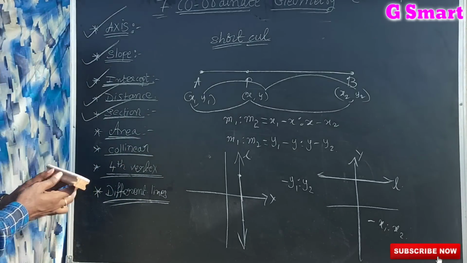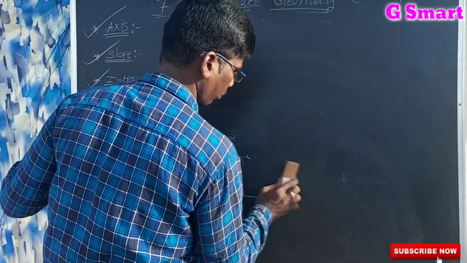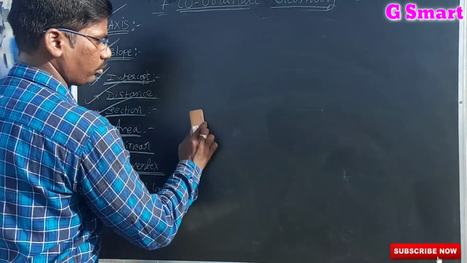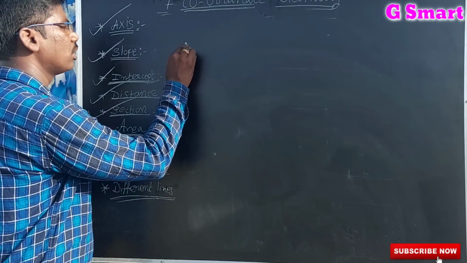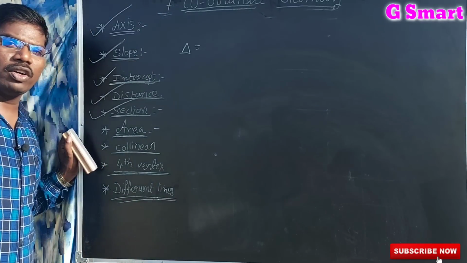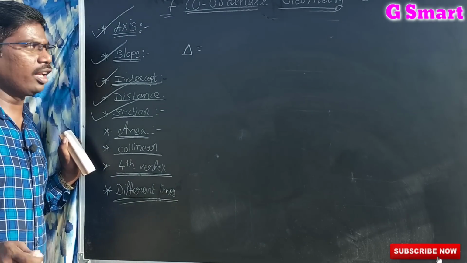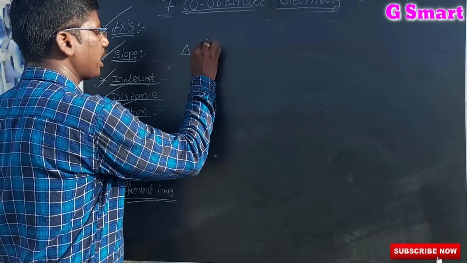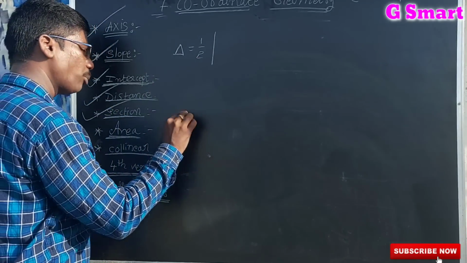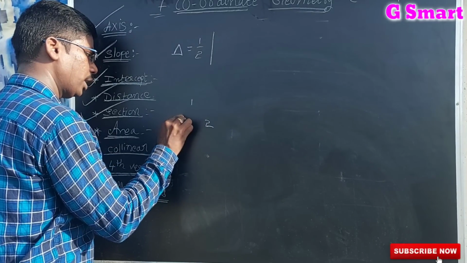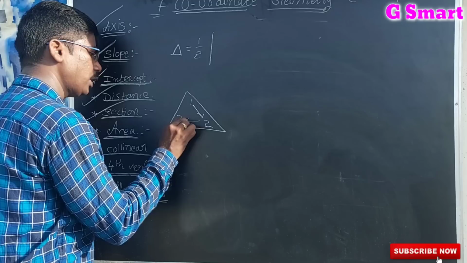Now area. Area of the triangle means the plane which is covered, that is called the area of the triangle. If it has 3 vertices, then delta is equal to half modulus. See here, I am going to give 1, 2, 3. This is a triangle. So 1 after 2, 2 after 3, 3 after 1.